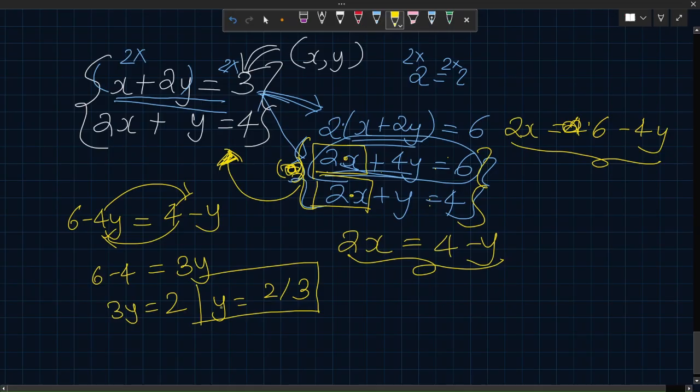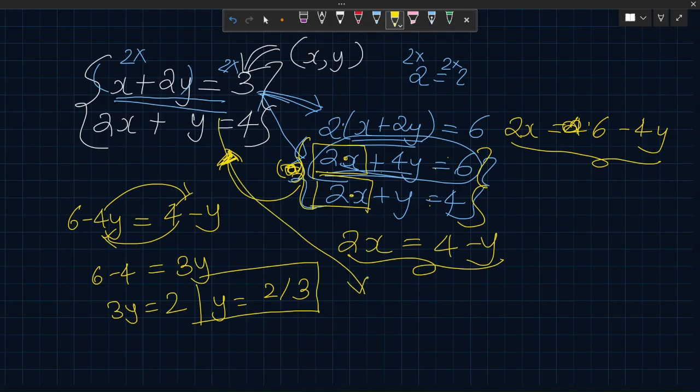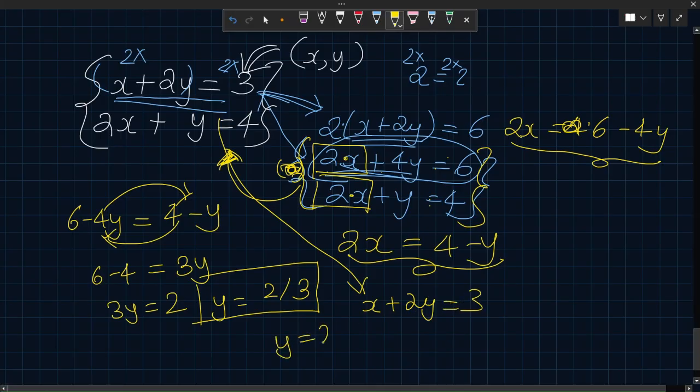And if y is 2 by 3, I know from this equation that x plus 2y is 3.